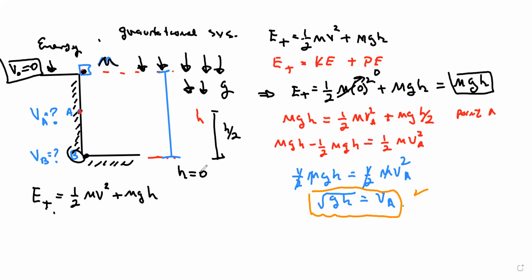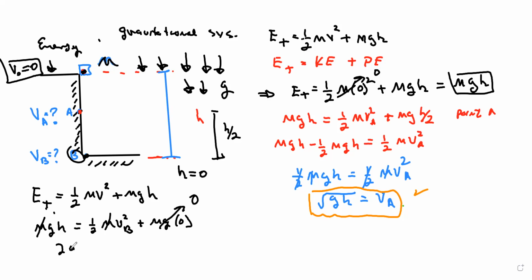The height is going to be 0. And the total energy of your system is mgh, and that's equal to 1/2 of the mass velocity at B squared plus mg times 0. So this term is going to cancel out. There it is. And you can cancel the mass with the mass.